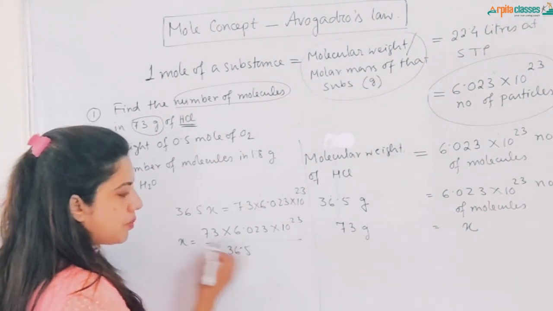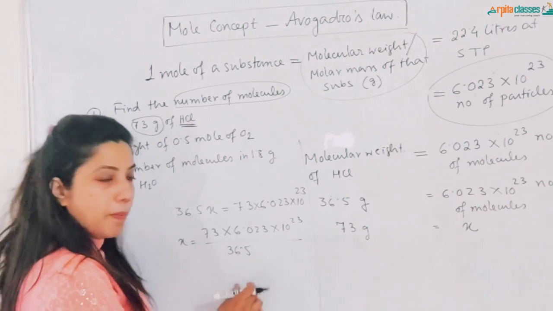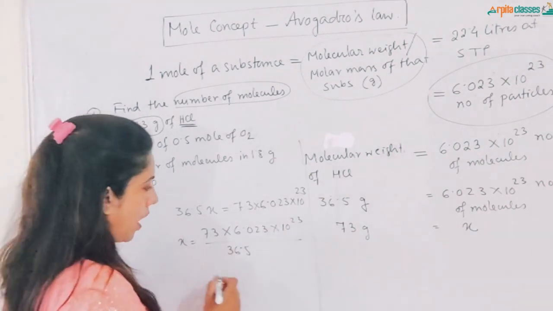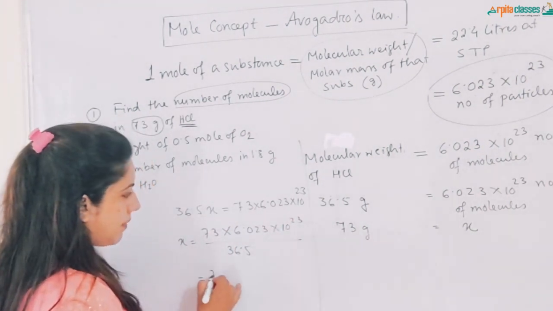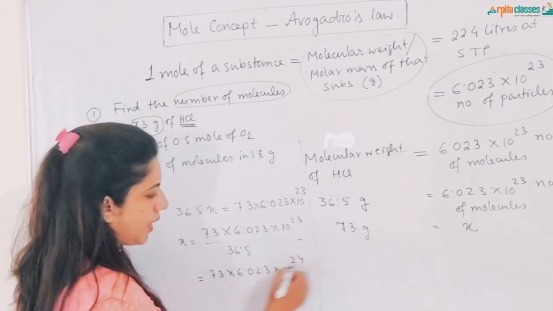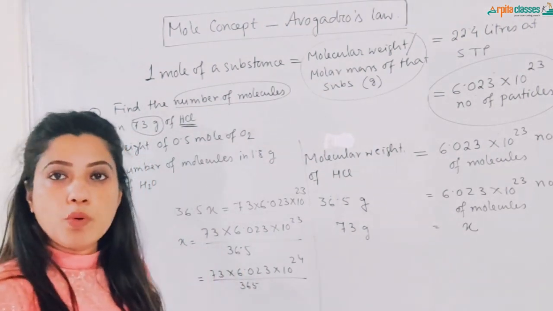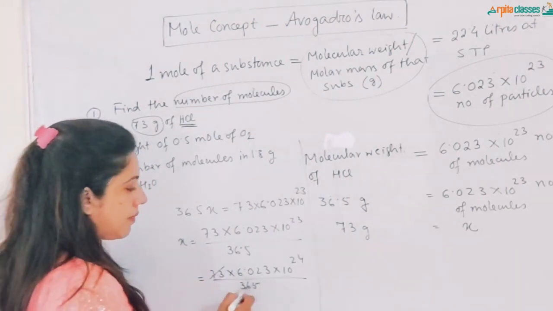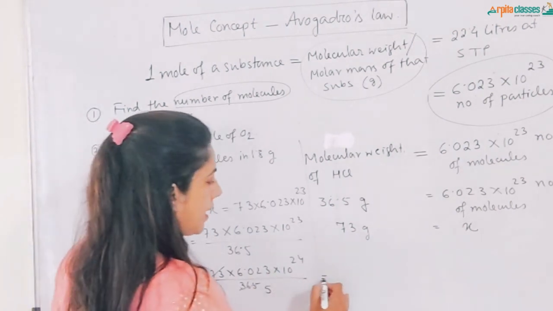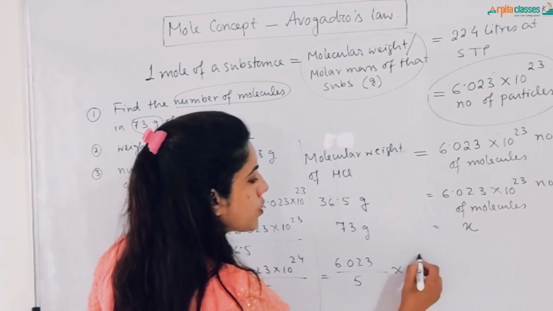Now see, I'll just remove this decimal point, I'll take a 10 down, 365 upon 10, and that 10 will go up in the next step. So it will be 73 into 6.023 into 10 raised to power 24 upon 365. Now 365 goes in 73's table, it is 73 into 5. So we are getting 6.023 divided by 5 into 10 raised to power 24.